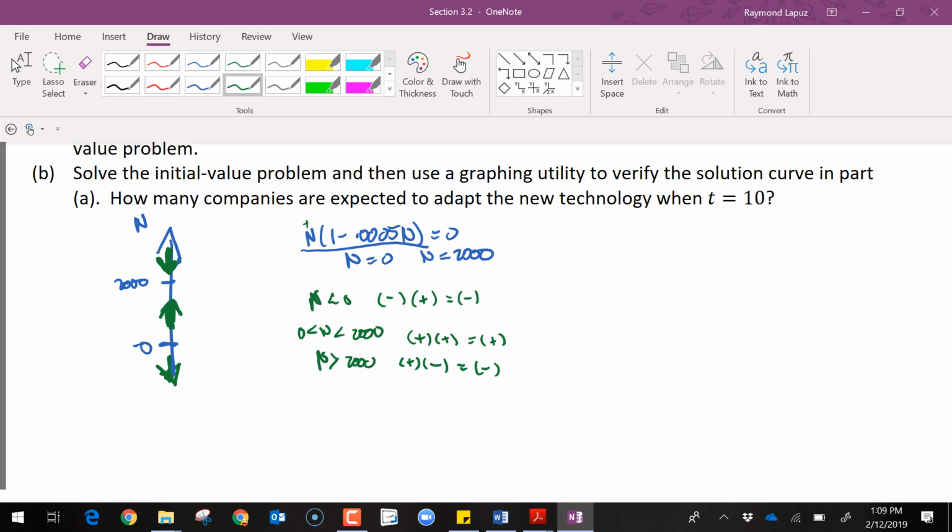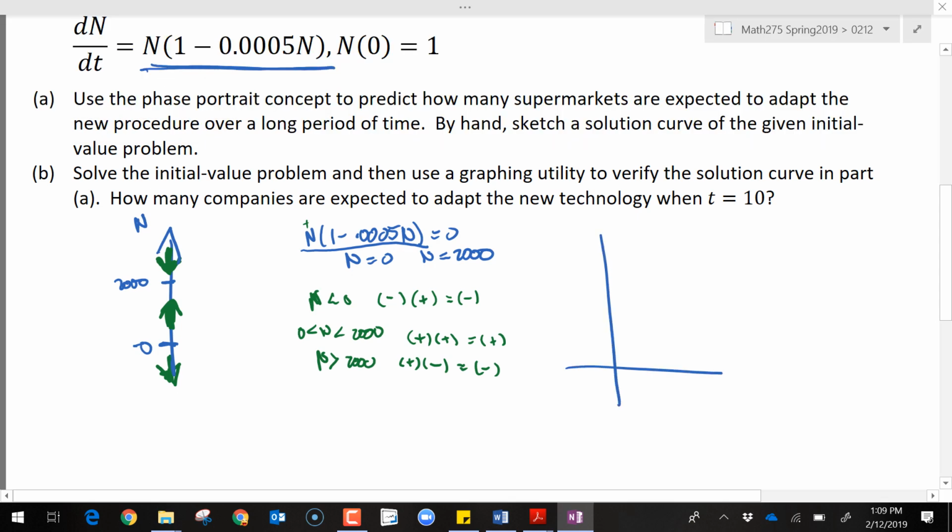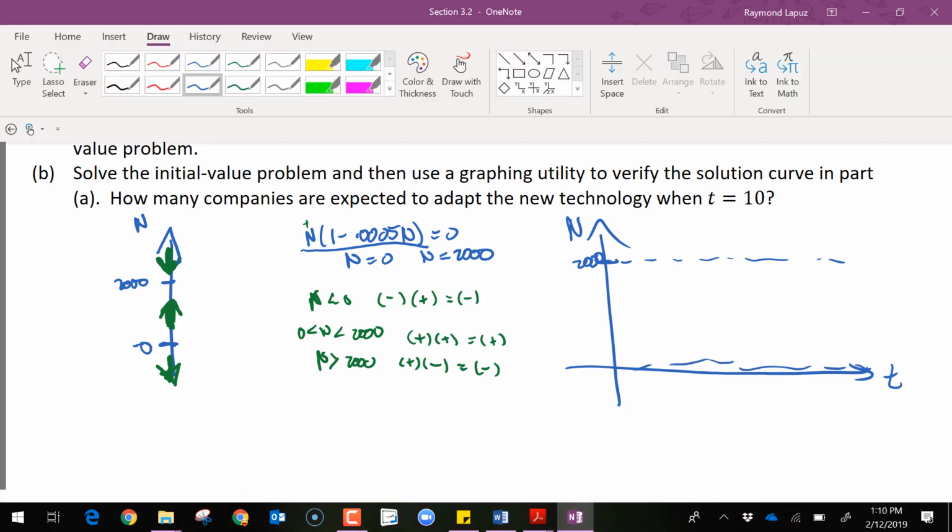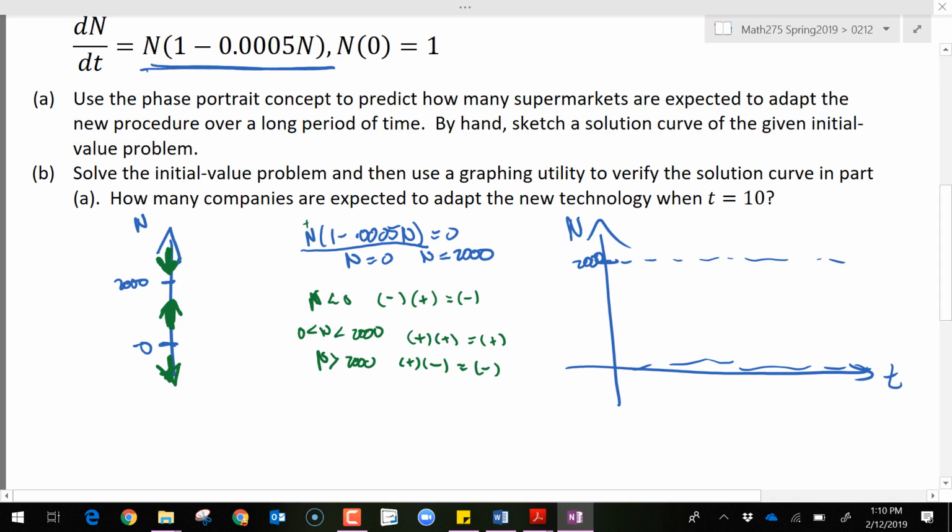If we were to draw sample curves, I think we've had some practice in drawing sample curves where you had your independent and dependent axes. We know that 0 and 2000 are going to be asymptotes. And if we know that we are decreasing below 0, then our graphs would look like this below 0. And increasing above 2000, you know their graphs are going to look like that.